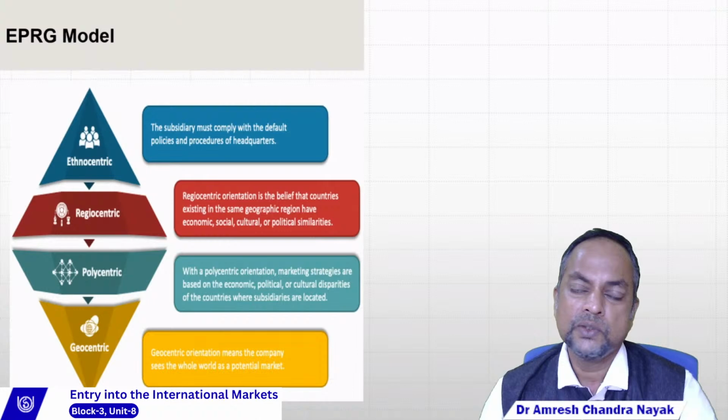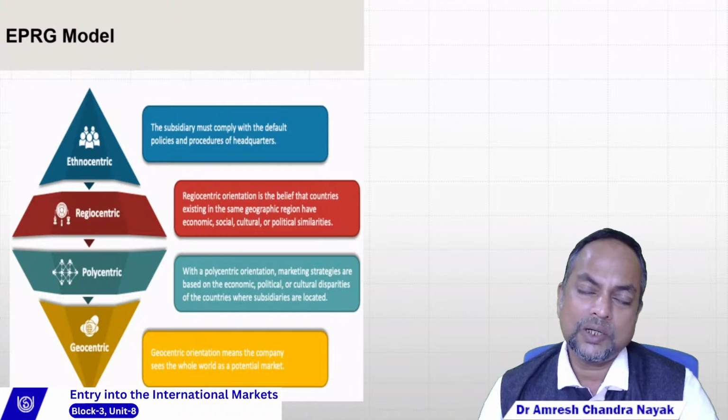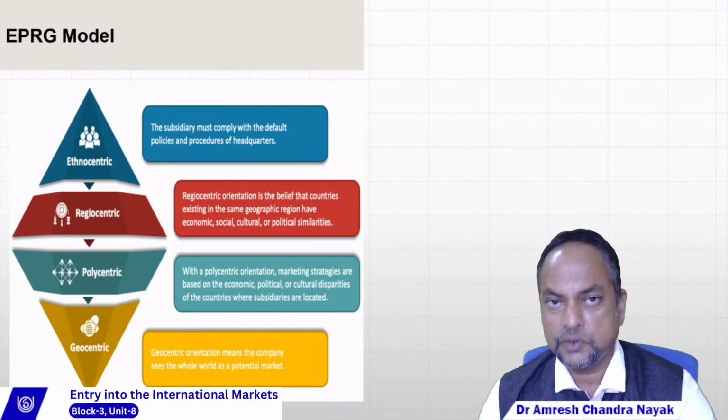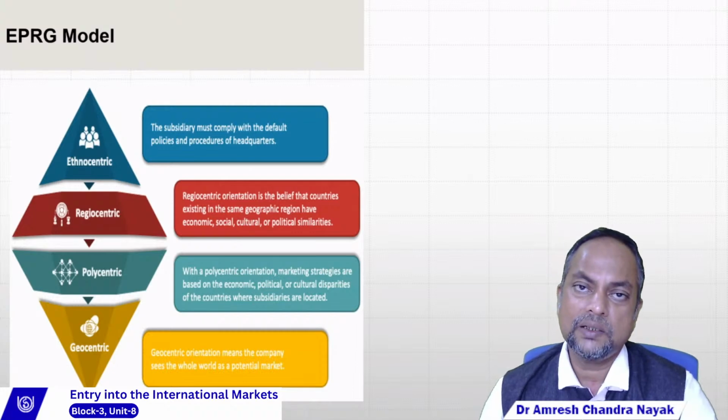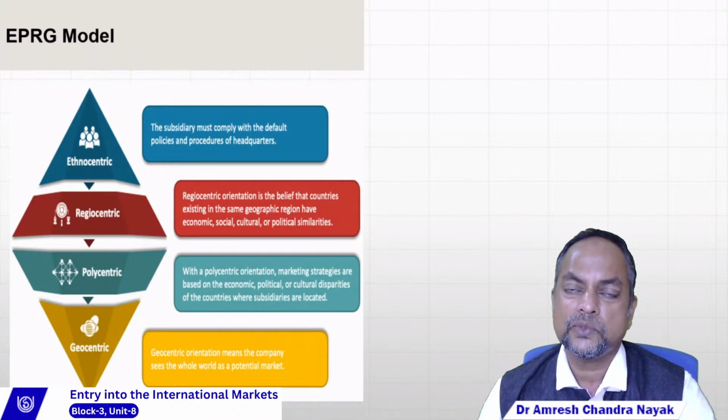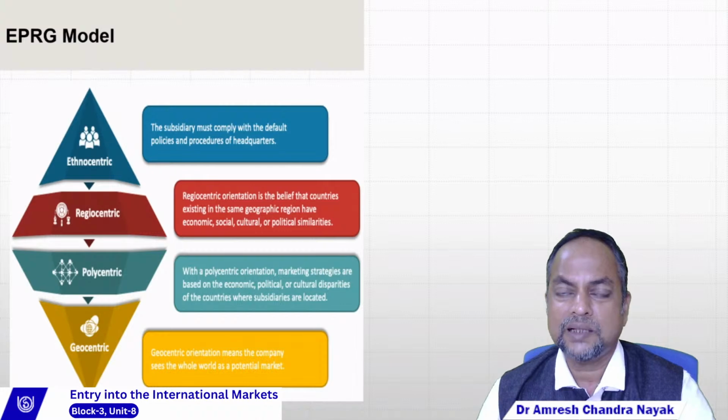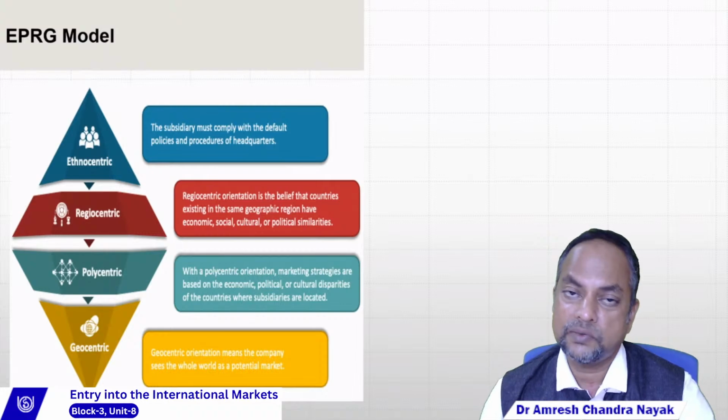Right? So whenever I'm going for the internationalization process, organizations have some sort of assumption that the factors which made them successful at the domestic level should also be the same factors that can make the organization successful at the international level. It's a very wrong notion.